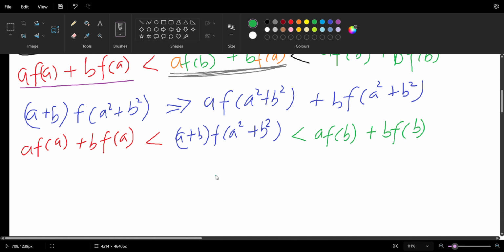So this one I just wrote now is an assumption. I don't know whether it holds. It may hold, it may not hold. But let's just see what we can do from here.